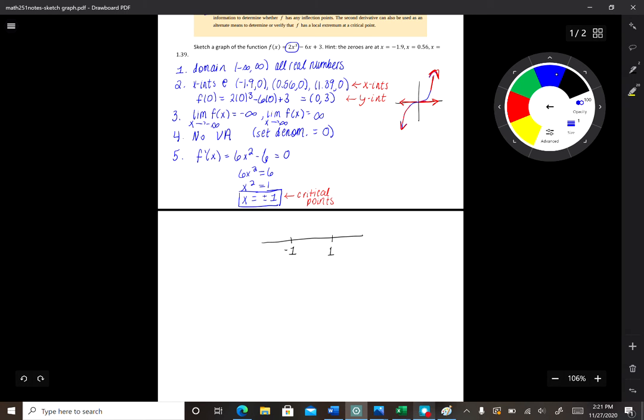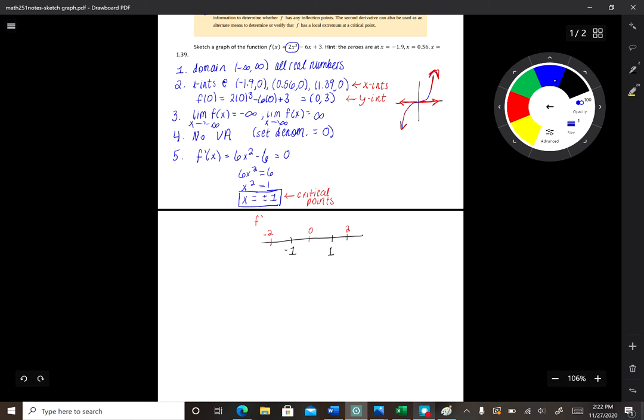And I'm going to pick a point in each of these intervals as we've been doing all term. I'm going to pick -2, 0, and +2, and plug each of these test points into f prime to see if we are positive, which means that our function is increasing, or negative, which means that our function is decreasing.